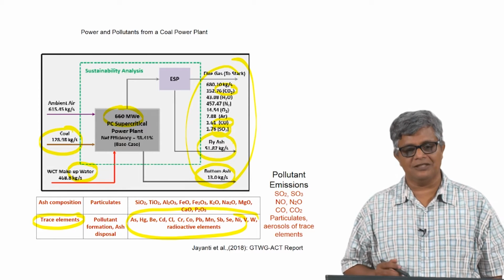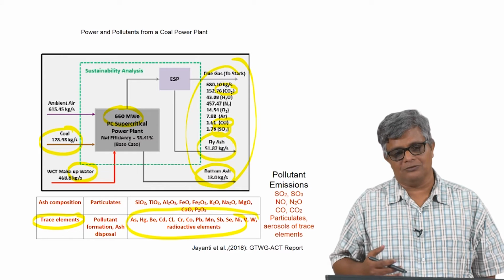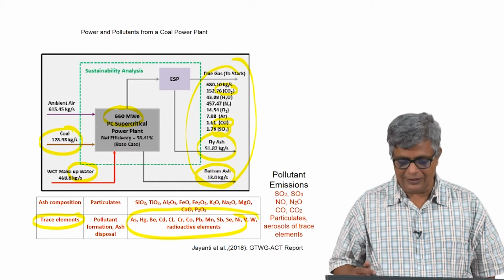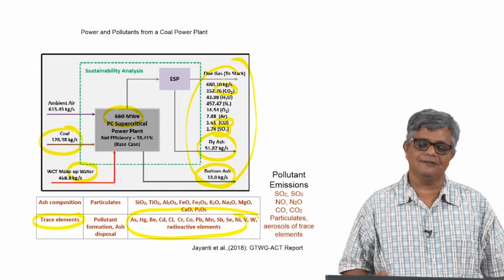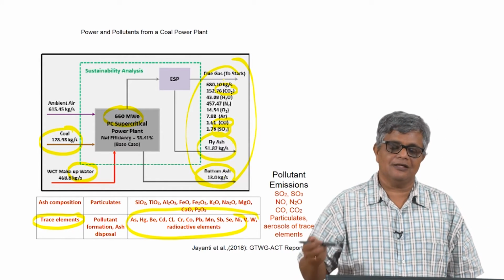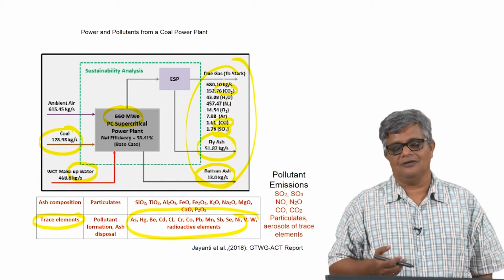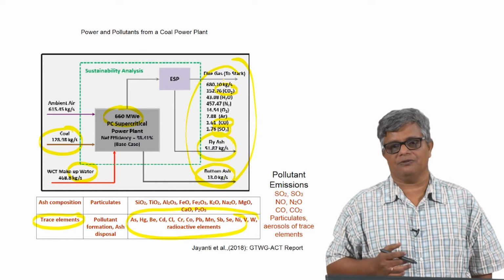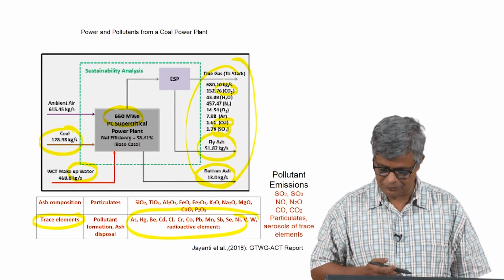Okay, these are very minor things, but if we keep on burning coal, some of these go along with the bottom ash, some go along with the flue gas, and then one goes directly into the soil, the other goes directly into the atmosphere, and people will be affected in both ways. So, this is a cause of environmental problems.